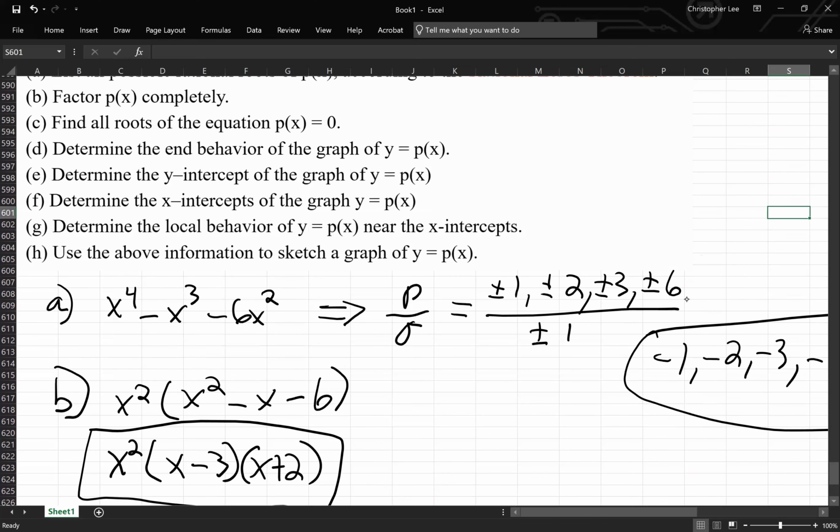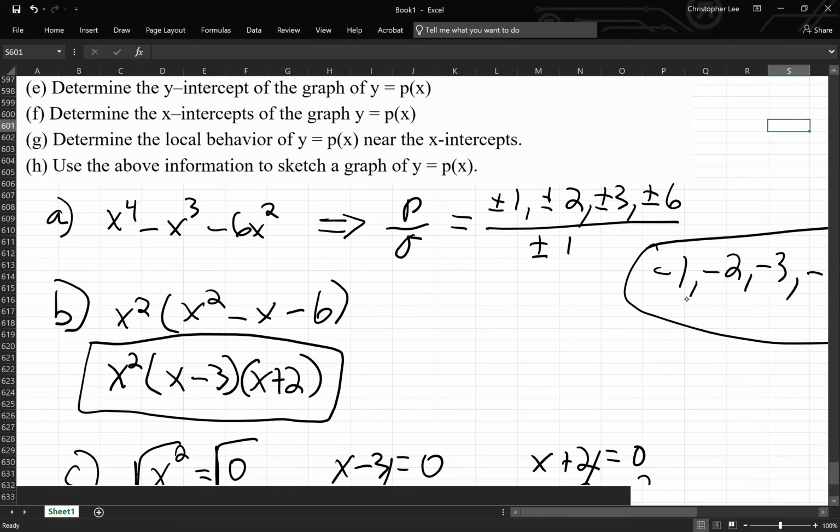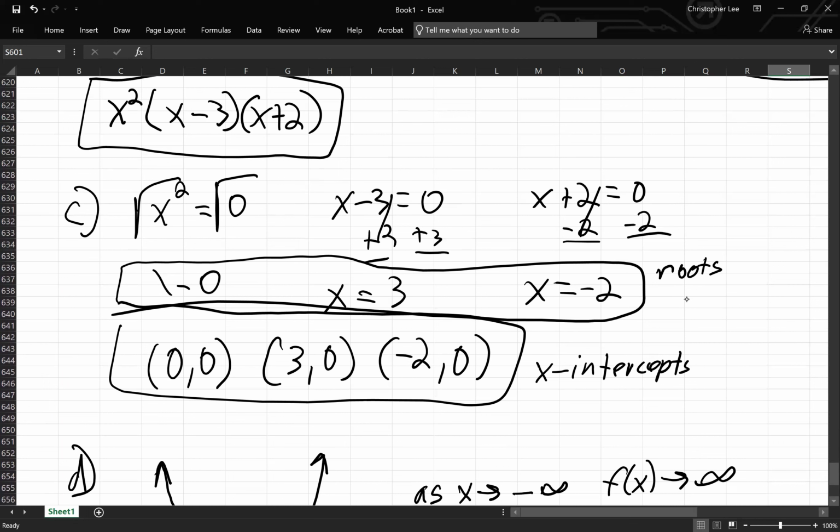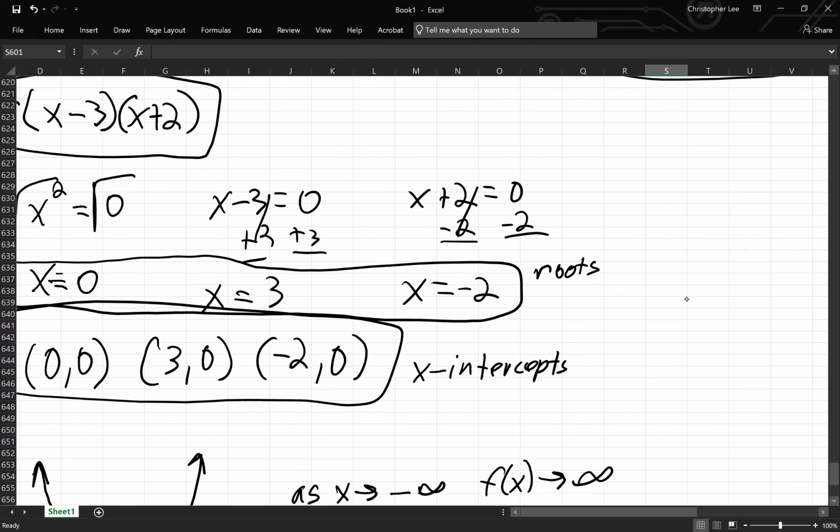Okay, so found the y, found the local behavior. So now here's where our multiplicities come into play. For our roots, I'm gonna just pull to the side right here.